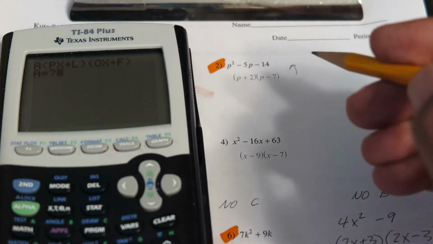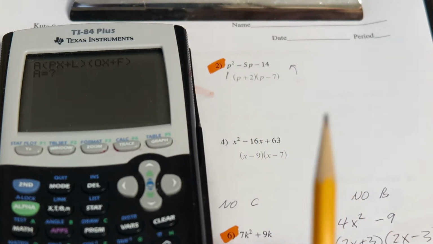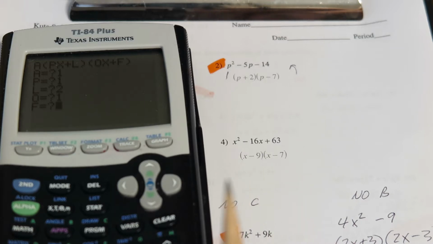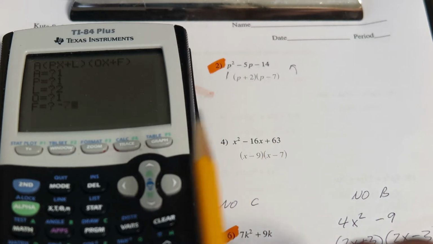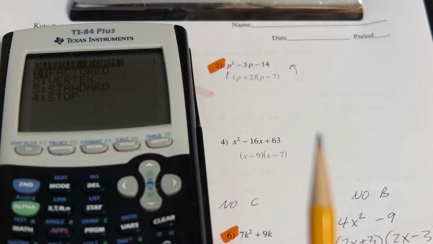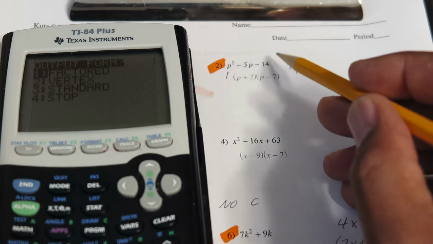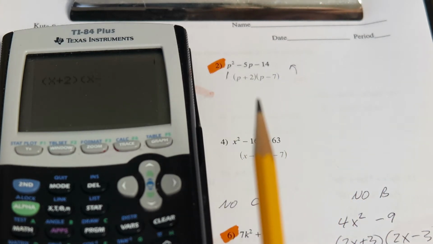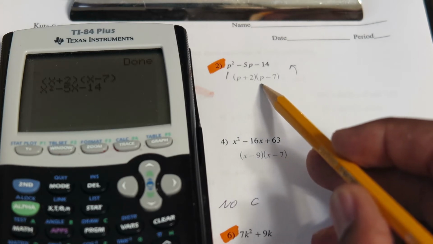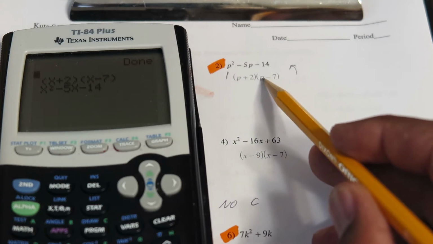We put in the leading coefficient, in this case 1, then 1 again, then 2, the constant, and then the next coefficient is 1, and then -7. Press enter. Now we want the standard form, so we choose option 3. It puts the factored form first, and then the standard form underneath it.